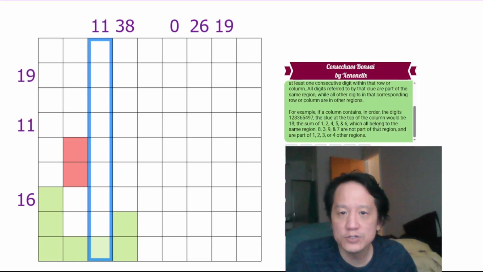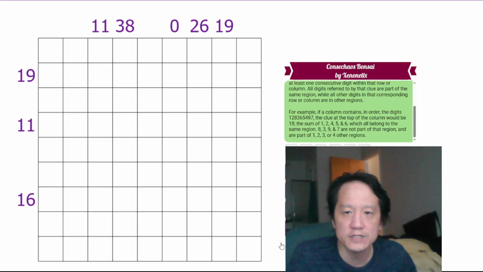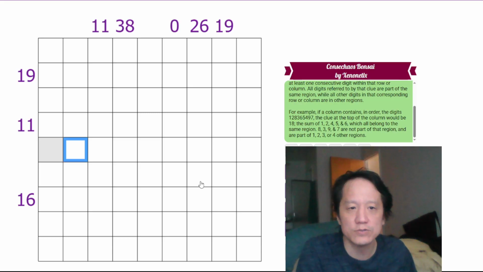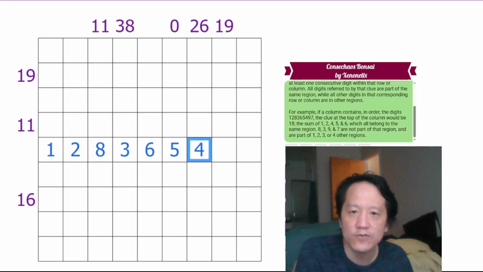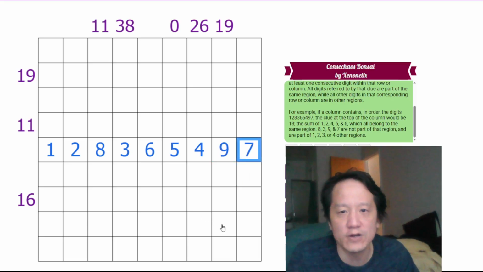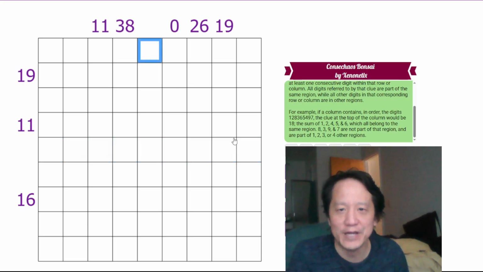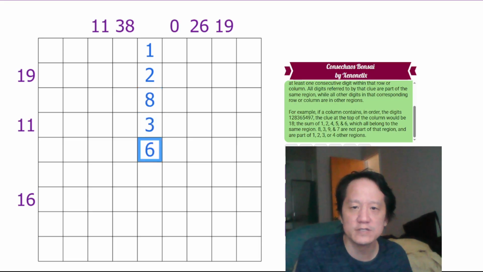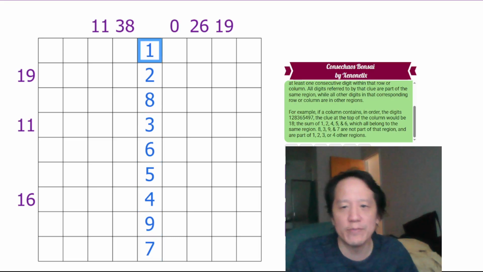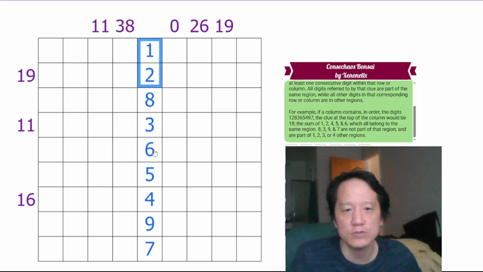Okay, that's interesting. So, for example, if a column contained, in order, the digits 1, 2, 8, 3, 6, 5, 4, 9, and 7, the clue at the top of the column would be 18, the sum of 1, 2, 4, 5, and 6, which all belong to the same region.